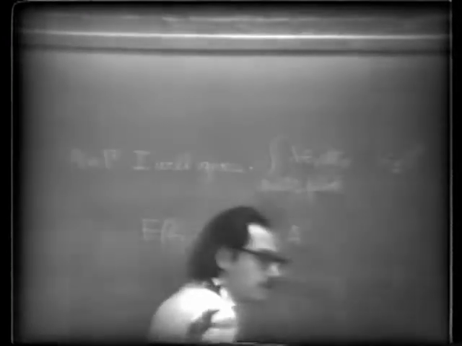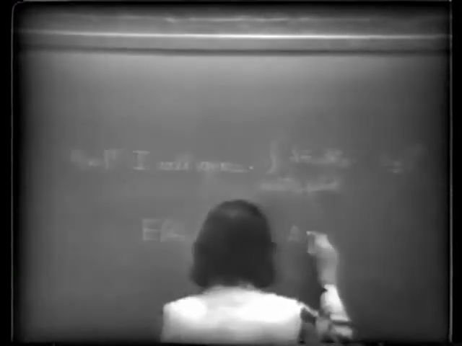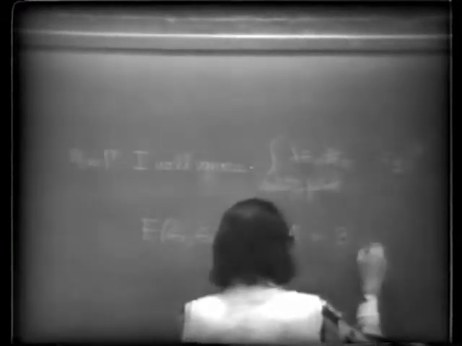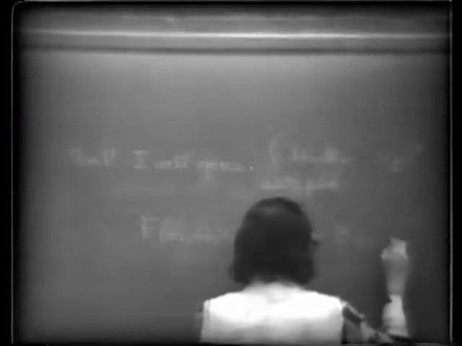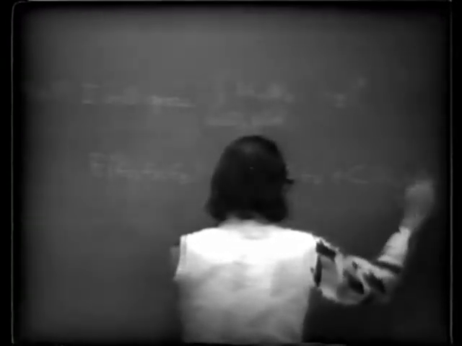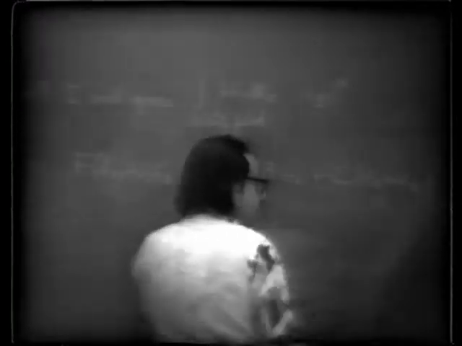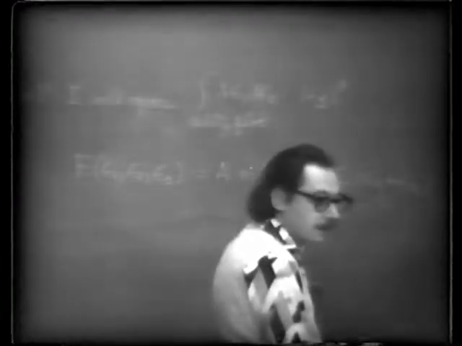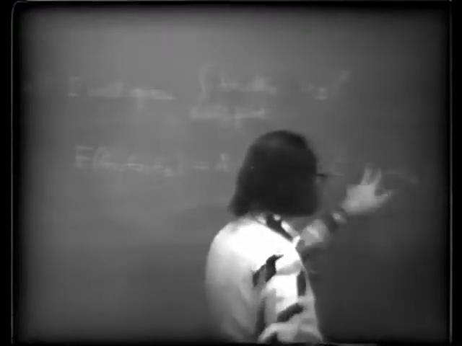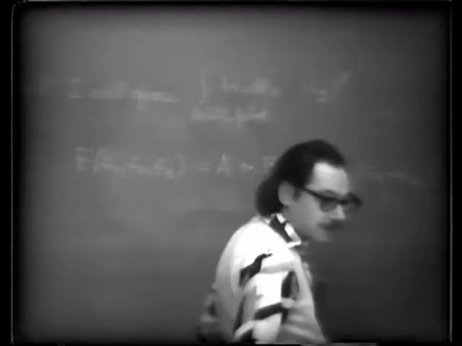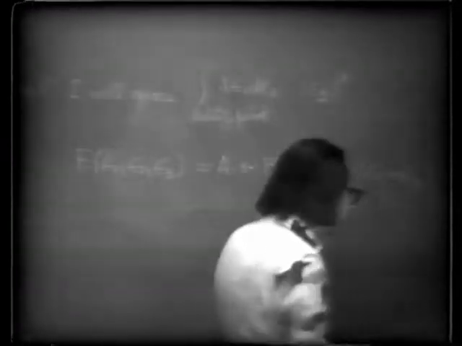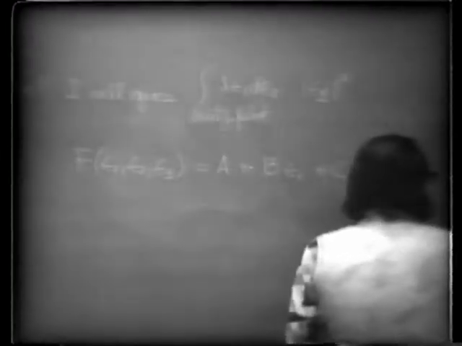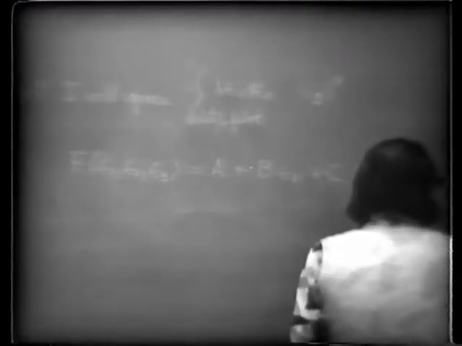equals a constant, its value at the center of the Dalitz plot, plus b epsilon 1 plus c epsilon 2 plus epsilon 3. These must occur with the same coefficient, because it must be symmetric under interchange of epsilon 2 and epsilon 3, plus order epsilon squared, which I am neglecting by assumption.